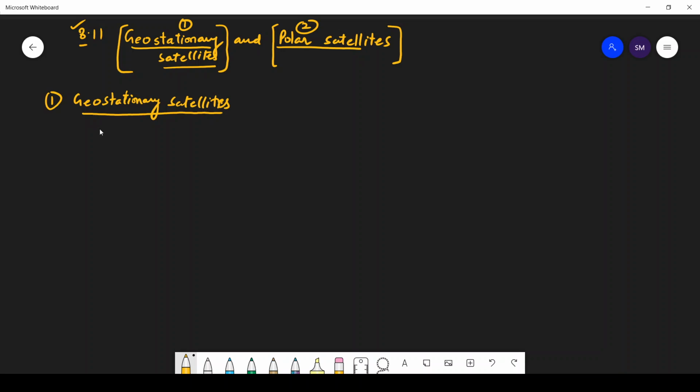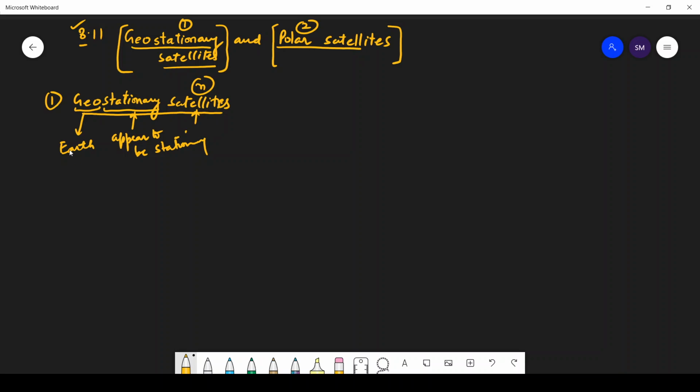Geostationary means that the satellite, that's the noun. We are describing what kind of satellite it is. So this satellite appears to be stationary, or you can say it is stationary. Geo means earth.